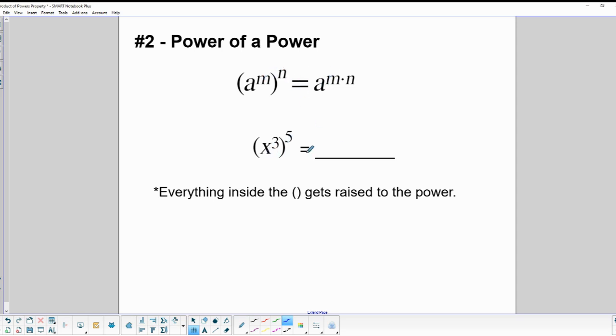So what does that look like with a little more practical example? I'm going to just have x to the 3 times 5, which equals x to the 15th power. So keep in mind, this only works if you've got an exponent that you're raising to another exponent. And that's this particular property.